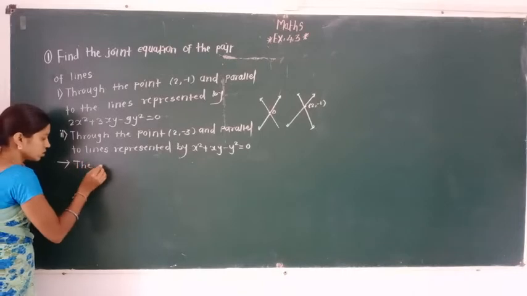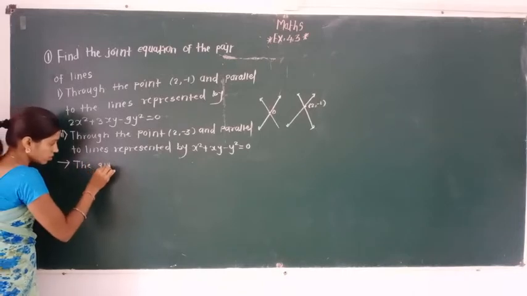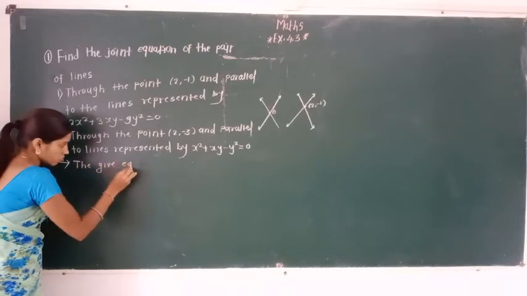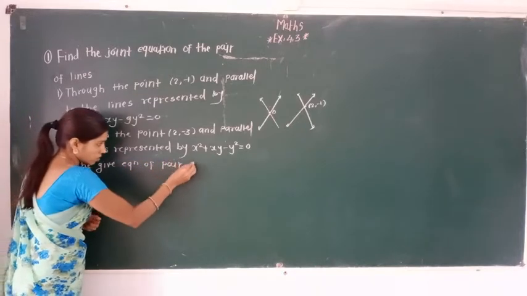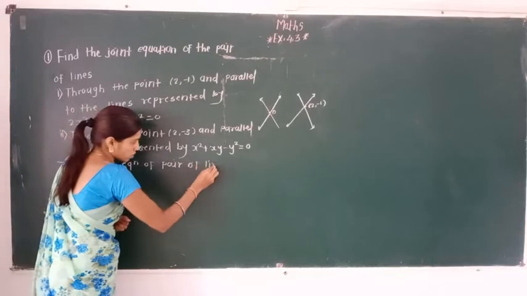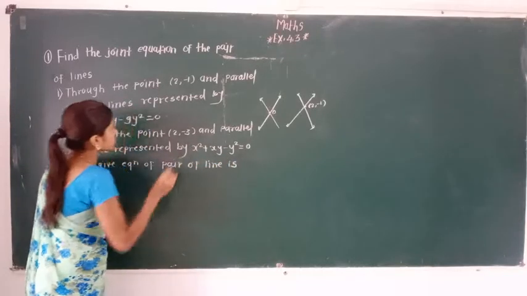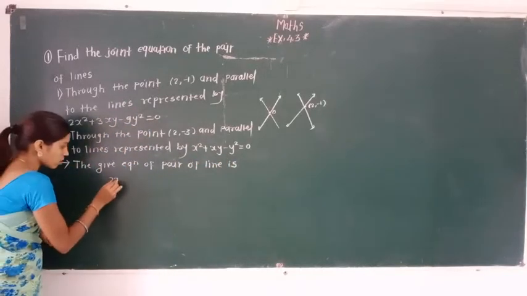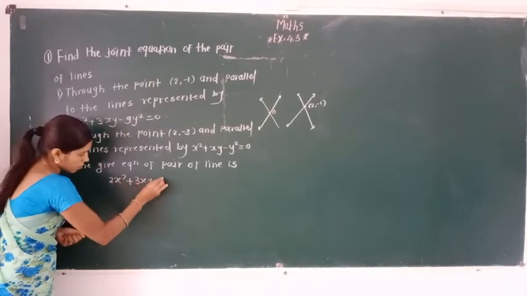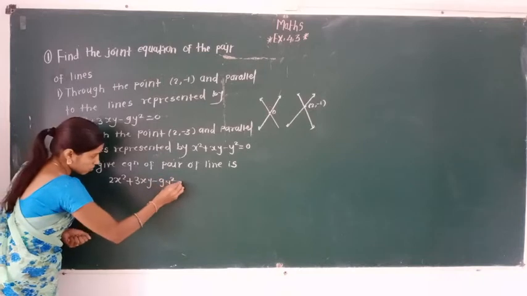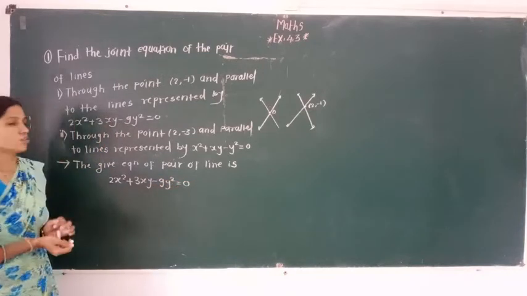The given equation of pair of lines is 2x² + 3xy - 9y² = 0.